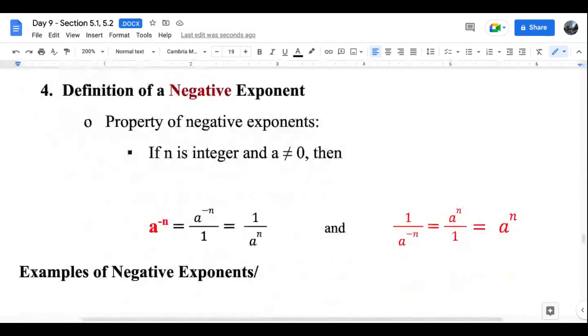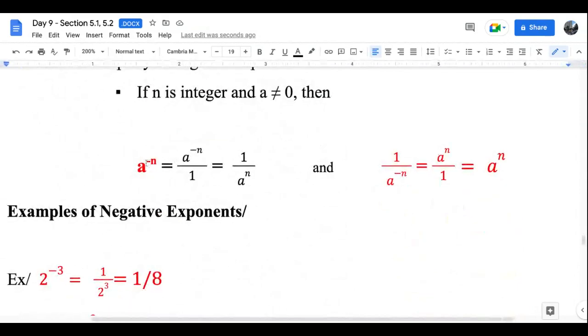But sometimes we may get a negative exponent, right? We use a raised to negative n to mean 1 over a to the nth power. That's a definition. So 1 over a to the nth power is a raised to negative n.